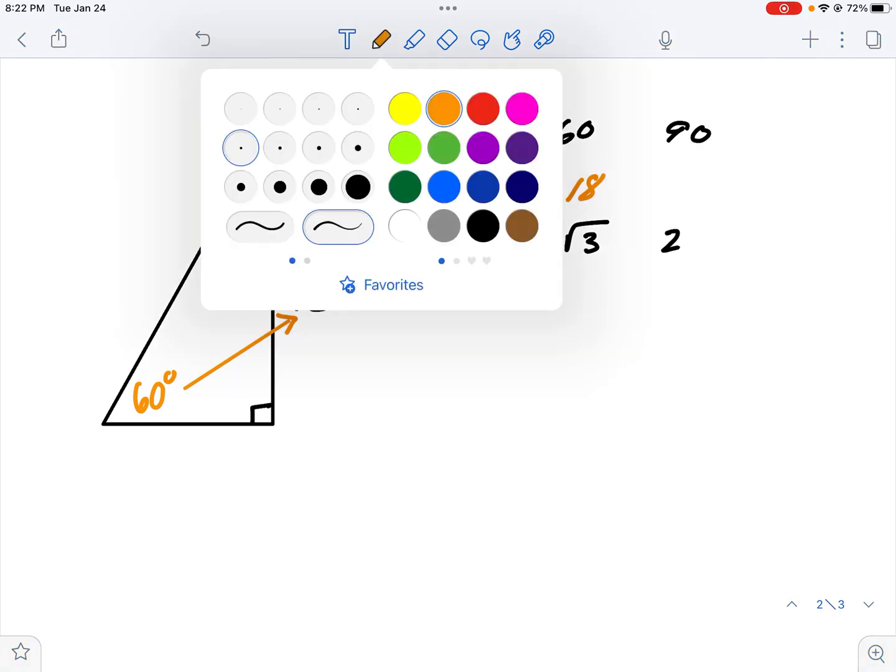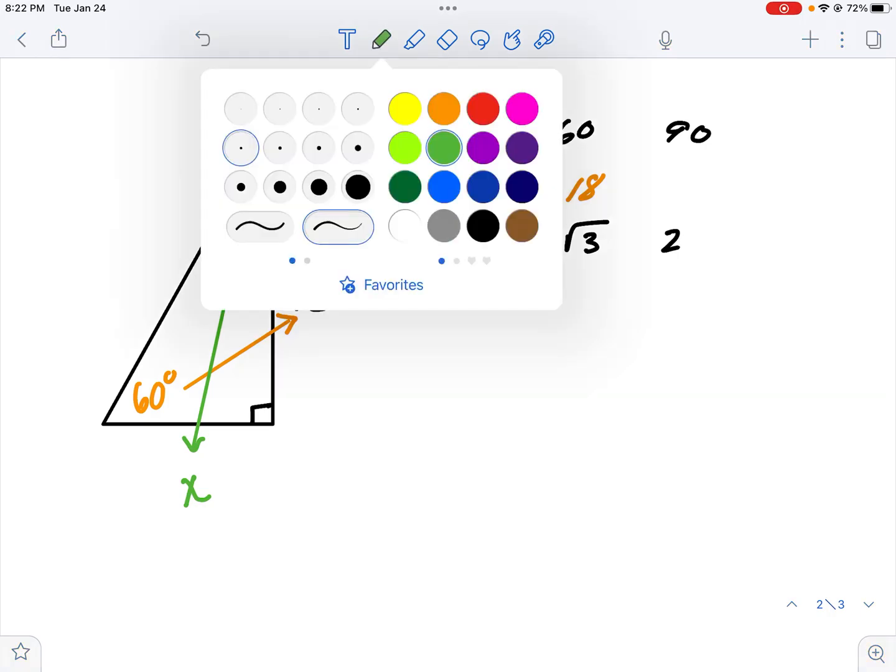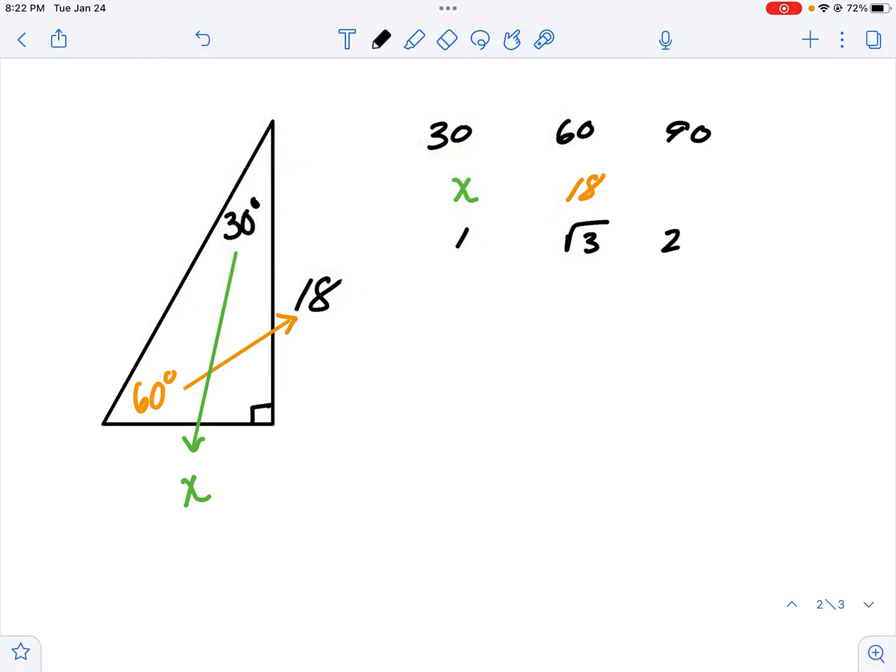So if we are looking for this piece, we don't know, we'll name it X. We'll put X here. So then we have the equation: X over 1 is equal to 18 over radical 3.